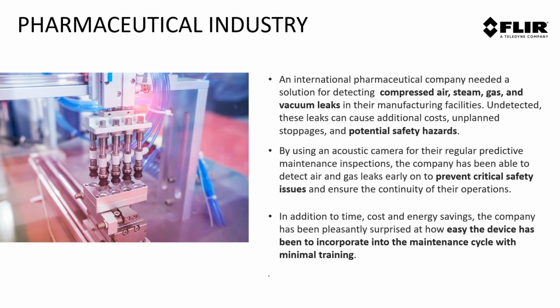Any unplanned stoppages are obviously going to result in loss of revenue, and overall equipment effectiveness and throughput are critical to getting that product out the door. Failures in those systems can have a major impact beyond just energy. Being able to detect air and gas leaks early is important, and once again safety, being able to identify issues where machinery is not operating as intended, so that there are no problems for the workers using them.